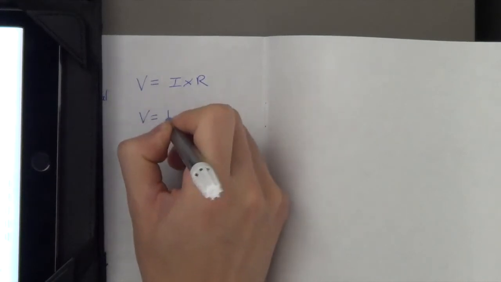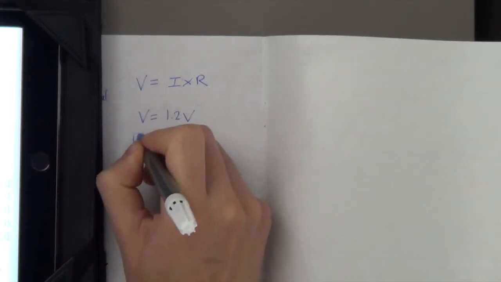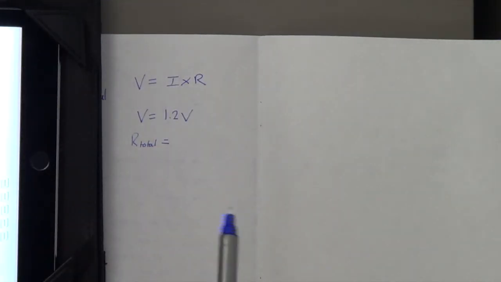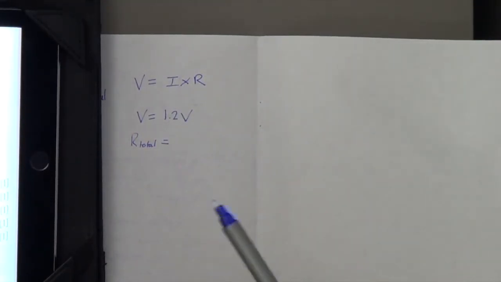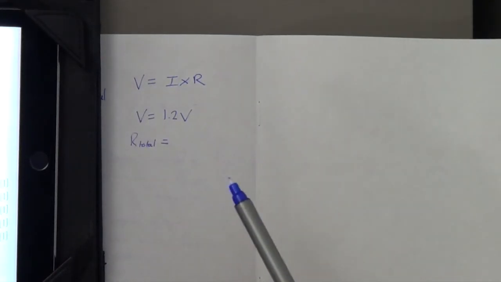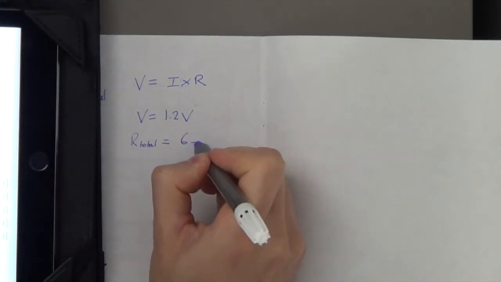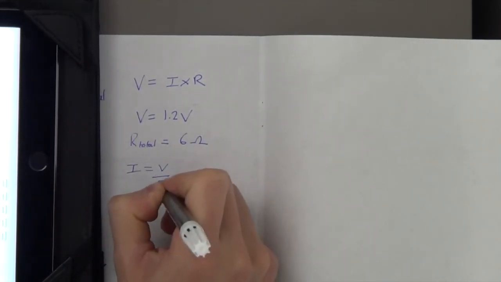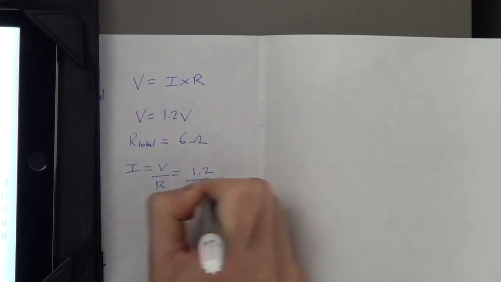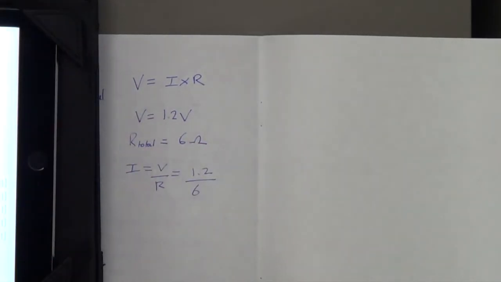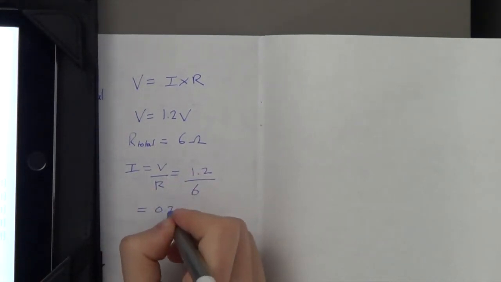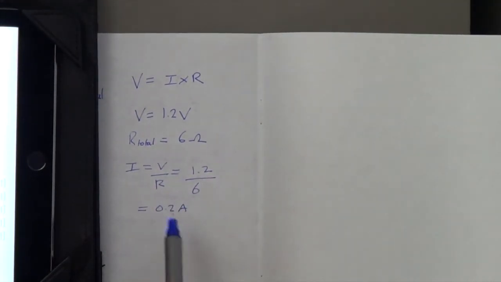And our R total, which we've just worked out, which is the total resistance that the electrons have to overcome, or that the battery has to push around the circuit, is 6 ohms. That's 4 plus 2. Therefore, I is going to be V over R, which is 1.2 divided by 6, which is 0.2 amps. So we got 0.2 amps passing through the cell.